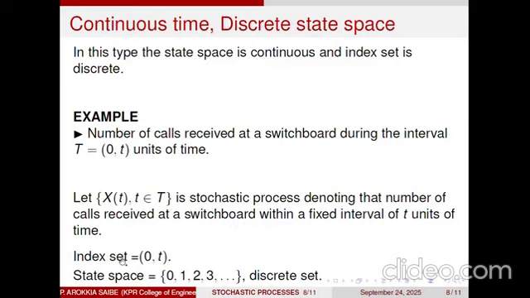So here the index set is nothing but the interval 0, t, where the state space takes the values 0, 1, 2, 3. I hope you know how this 0 comes. This 0 represents 0 calls received at the given time. So the state space takes the values 0, 1, 2, 3, etc.